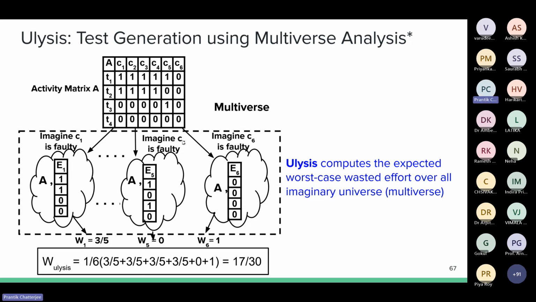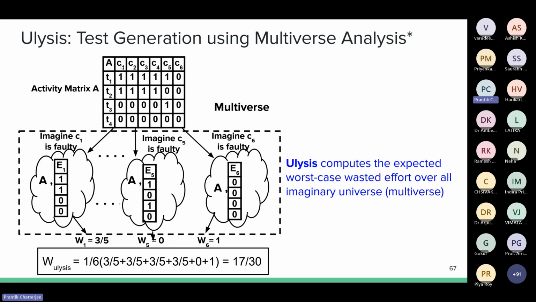So how do you compute the wasted effort over the multiverse? It becomes the expectation over all these universes. Note that while generating tests, you do not have any idea about which component can actually be faulty. Since you do not have any a priori information, you imagine that each component can be equally faulty.